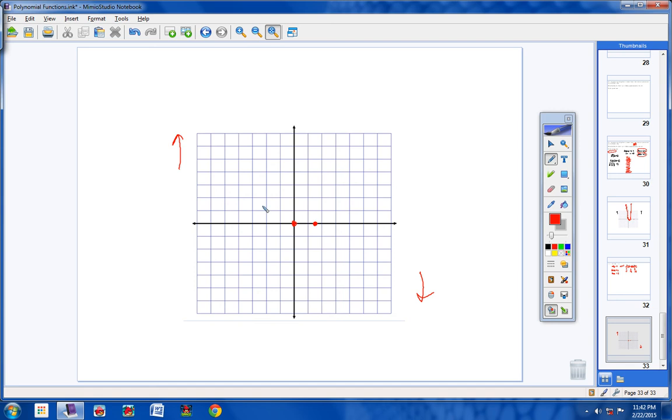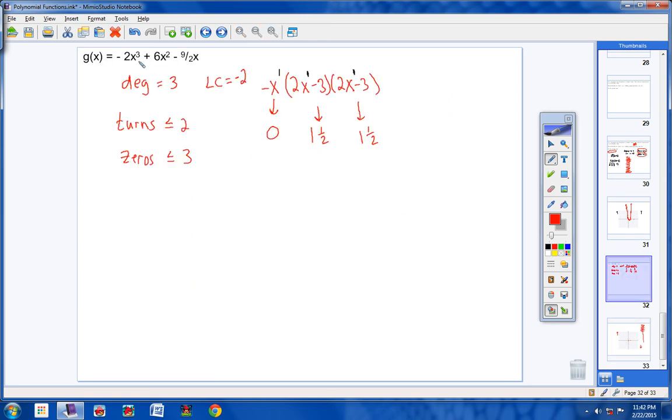Alright, let's go ahead and plot some points to the left of this 0. -1, -2, -3. I guess we can do that right here. We have plenty of room right here. Now, I'm going to go ahead and type this function into my grapher. Let me clear out the old equation.